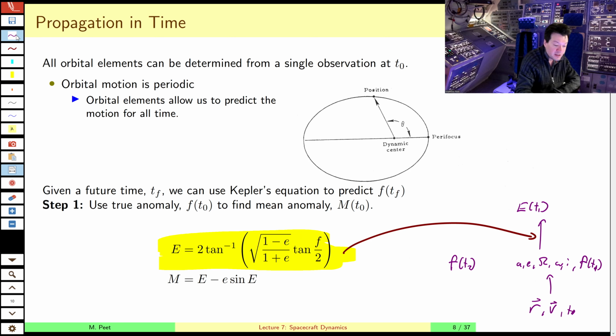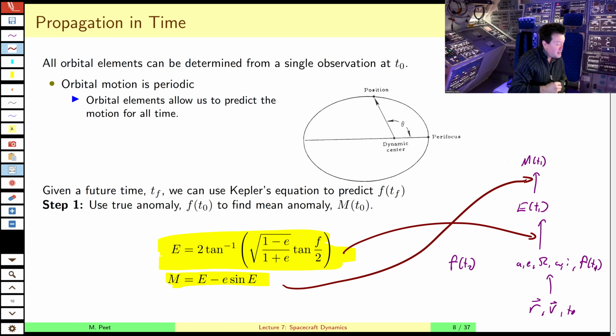Next, we calculate the mean anomaly at t1. That formula is given by the easy version of Kepler's equation. So we just plug in there. And now we've got the mean anomaly at the initial time. So good. That's step 1 of step 2, I guess you could say.